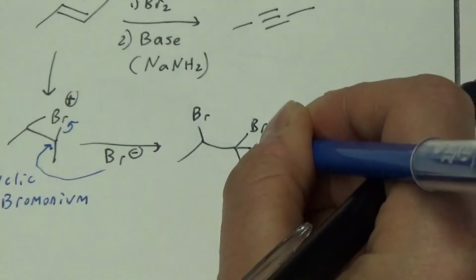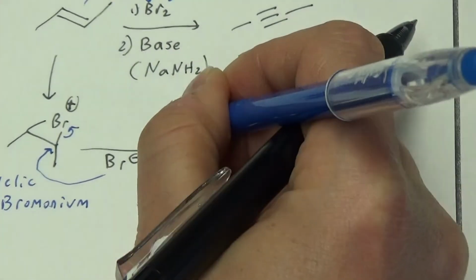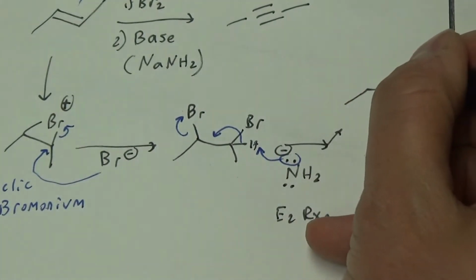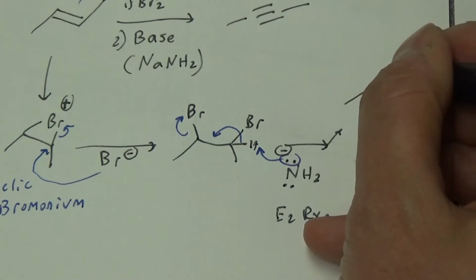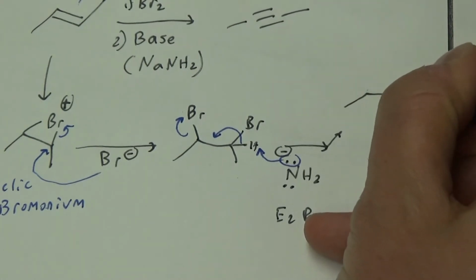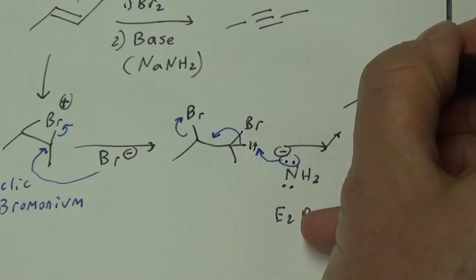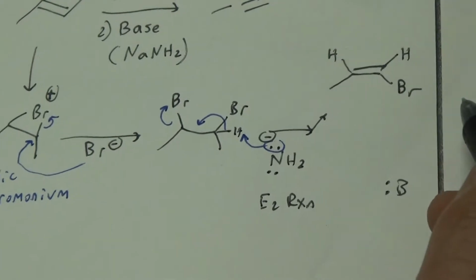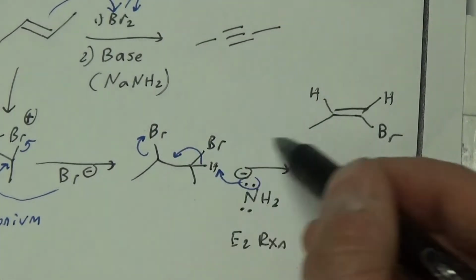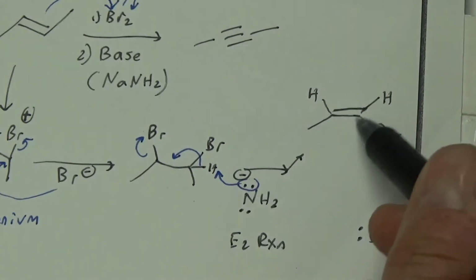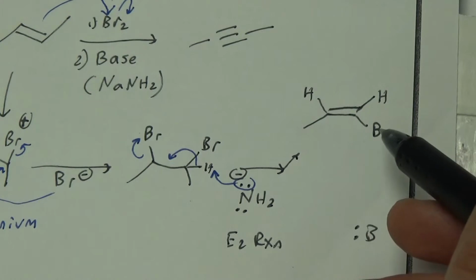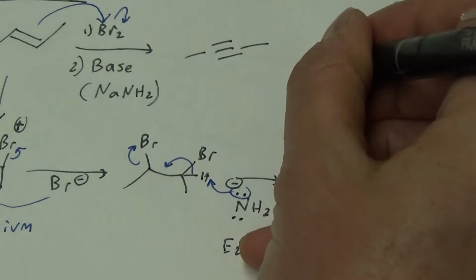So, base takes the proton, kicks off a Br. What does that give you? You've got the other Br still. So there's two Brs, right? And so we kick off one Br, the stereochemistry can be kind of back and forth, but the other bromine is still there on this right side carbon, and then we just do it again.